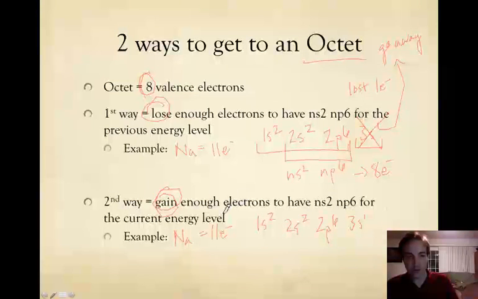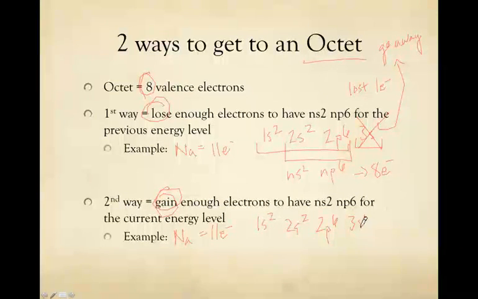Okay, so in order to get to the ns2 np6 for the current energy level, we would have to fill this s, so we'd have to go from 3s1 to 3s2, right? And then we'd also have to fill the p sublevels, so it'd have to be 3p6.